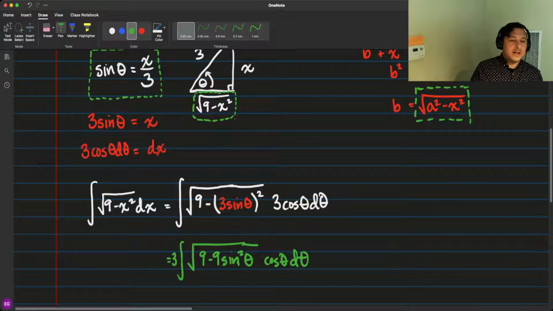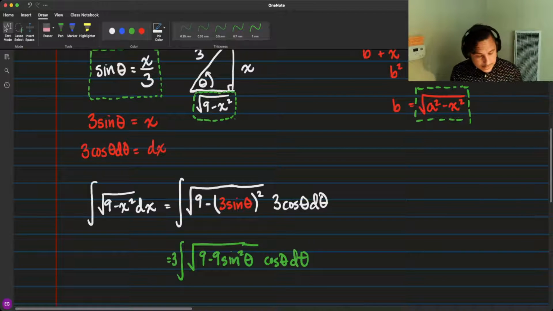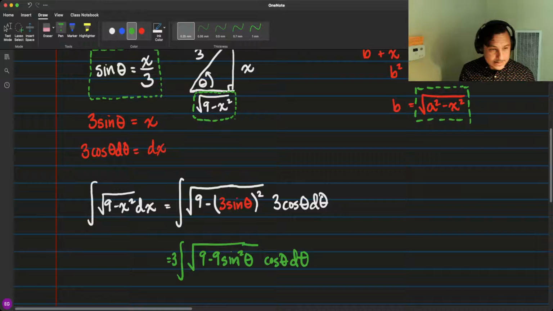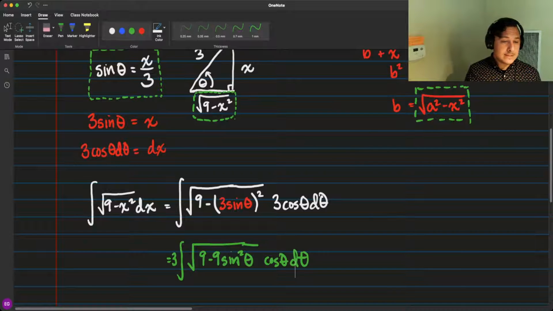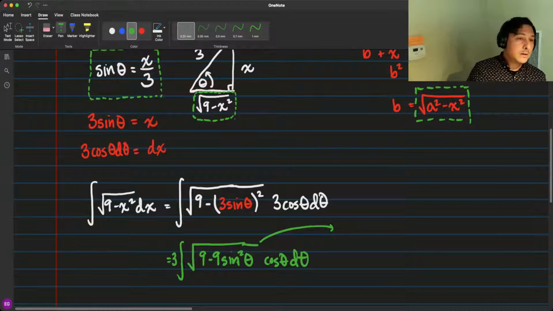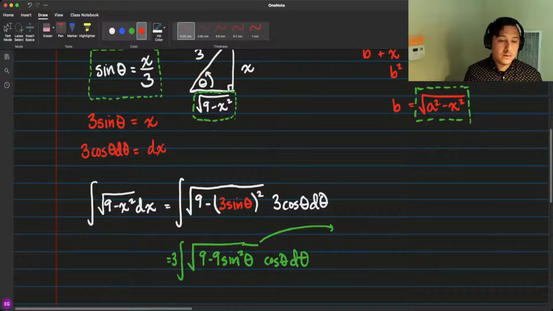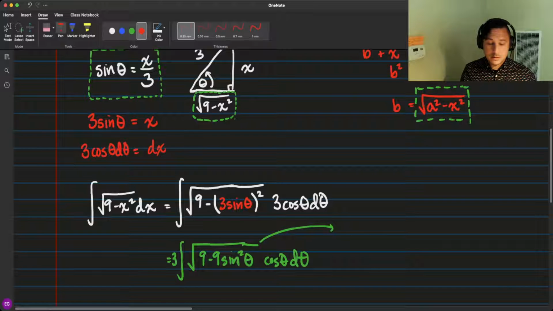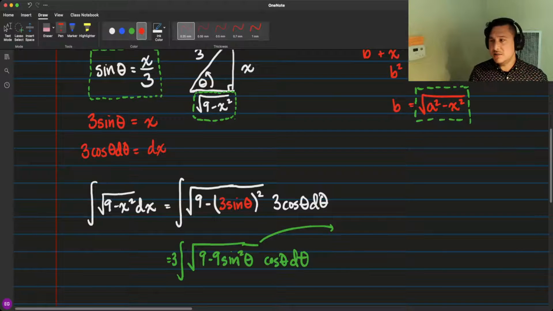And actually, what can I change inside the square root? So looking at inside the square root, what can I do? Sure, but there's actually something easier you can do.